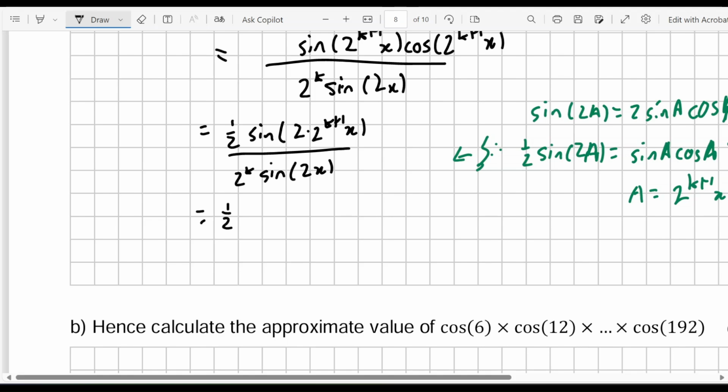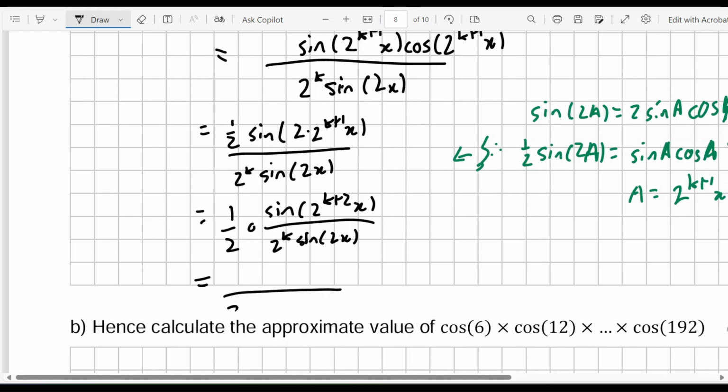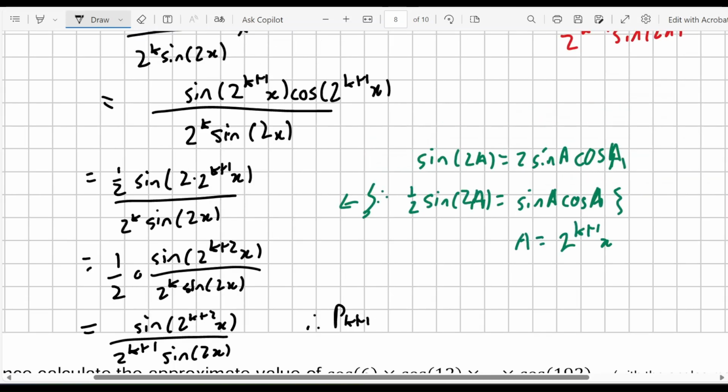So this is a half times sine of 2^(k+2) x over 2^k sine of 2x, and the 2's will multiply together because you've got 1 over 2 there. So this is 2^(k+1) sine of 2x, and this is sine of 2^(k+2) x. Therefore, P(k+1) is true, because that's what we were after, what we wanted to show.